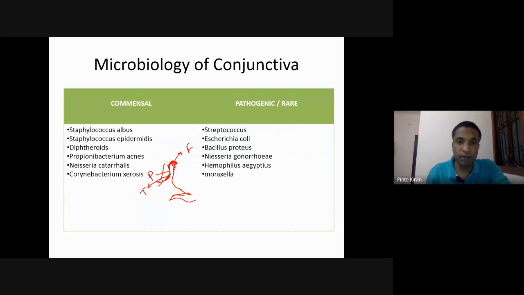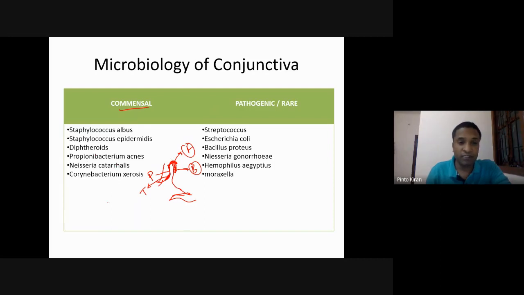Then this is the bulbar conjunctiva. Normally the conjunctiva joins the eyeball to the eyelid, so it conjoins the two surfaces. And basically it harbors some microorganisms which are harmless, known as the commensals.